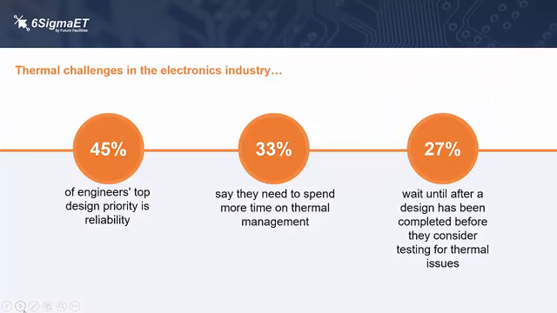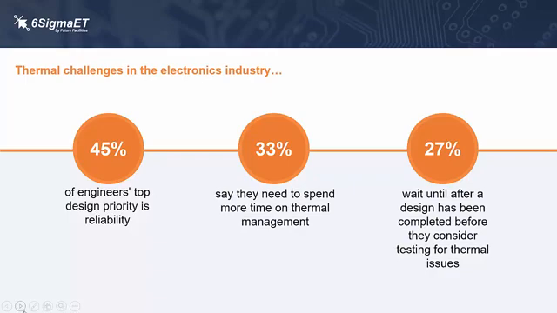A few years ago, as a company, we surveyed over 300 engineers across the industry in a report we released called The Heat Is On, and we found that 45% of an engineer's top priorities is reliability. I'm not sure what the remaining engineers were concerned about, but these 45% wanted the products to be as reliable as possible.